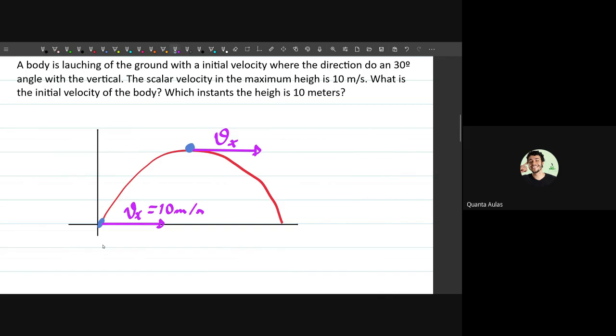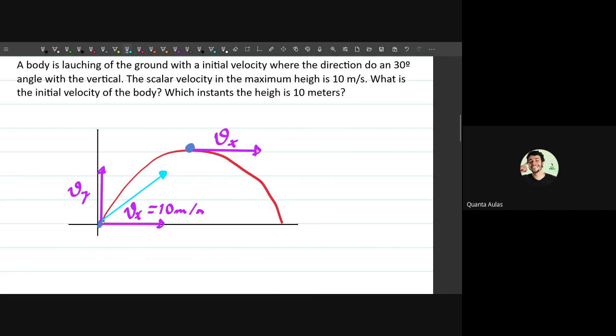But this body has a bidimensional movement, so it has a velocity in y too, and you need to know the entire velocity, this velocity here.